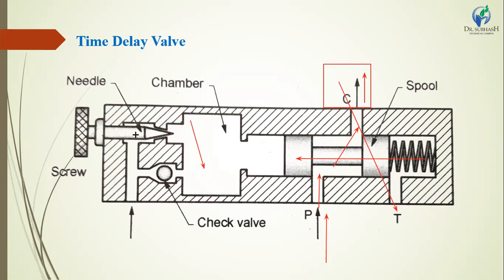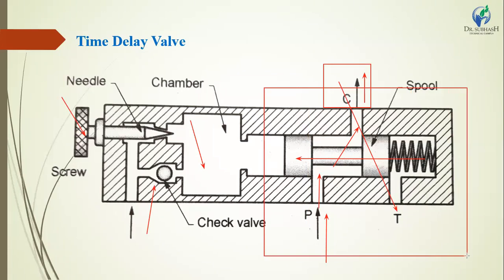Here a flow control valve is available, and one check valve. Here one more check valve is also available, and an operated 3 by 2 direction control valve. This portion we can say is the 3 by 2 direction control valve.